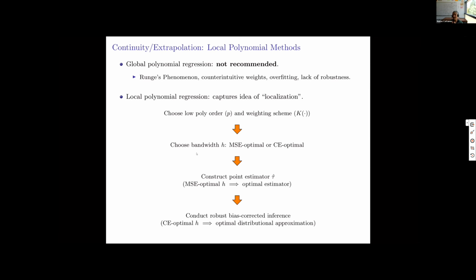And then once we do that, now we have to decide how we're going to conduct inference. And hopefully we would like to use a procedure to form confidence intervals or perhaps conduct hypothesis tests that are valid in some objective and demonstrable way. And so I'll talk about a couple of ways to do that, but they're all going to be related to an idea that Rocio and I and some of my close and amazing collaborators have put forward over the years, which is the idea of robust bias correction.